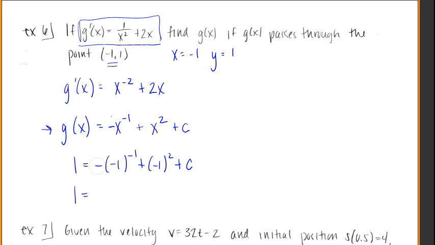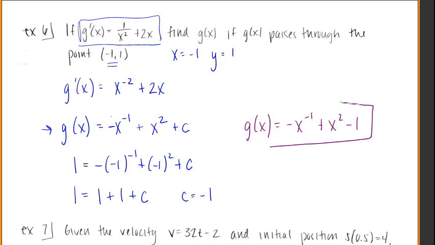So this is negative 1, plus 1, plus c. So 1 is equal to 2 plus c, or c is equal to negative 1. Combining that with the function we just saw, g of x, specifically for the point negative 1, 1, is negative x to the negative 1 plus x squared minus 1. And there's the answer for that problem.